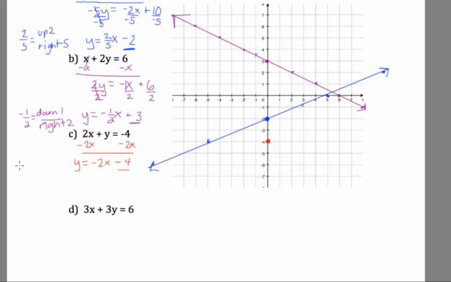Take your m number, negative 2, and make it into a fraction. Put it over 1. That tells me I'm going to go down 2, right 1. So start at your negative 4, go down 2, right 1. Continue your same pattern backwards. And draw your line.